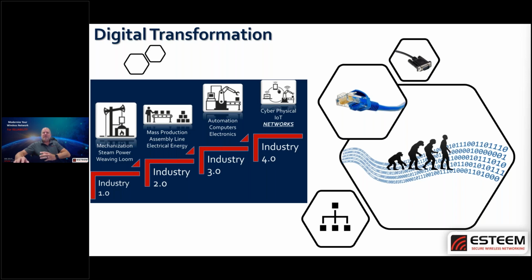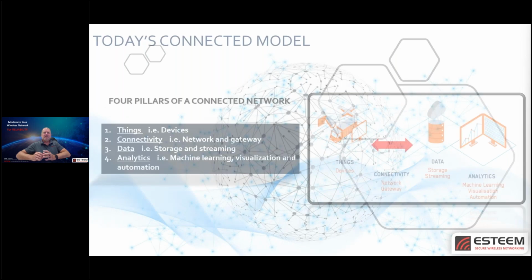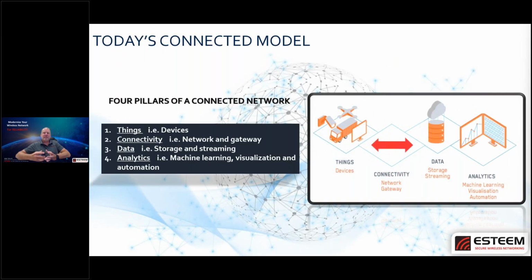So when we look at this connected or networked model, what we start to see here is that we've got our things that would be out there on the left-hand side. These are things like your PLCs, these are the devices. And then ultimately what we're trying to do is get it over to that far right side so that we can analyze that data and make some sort of actionable item out of that data.